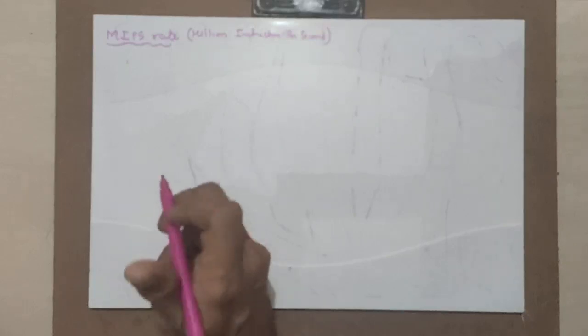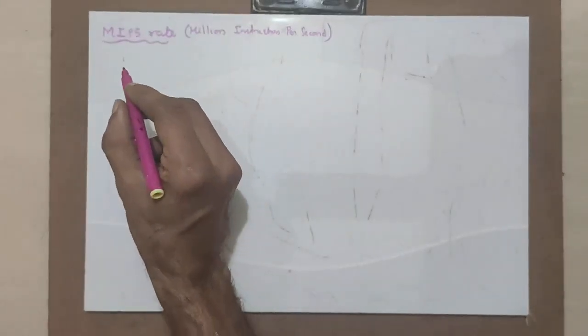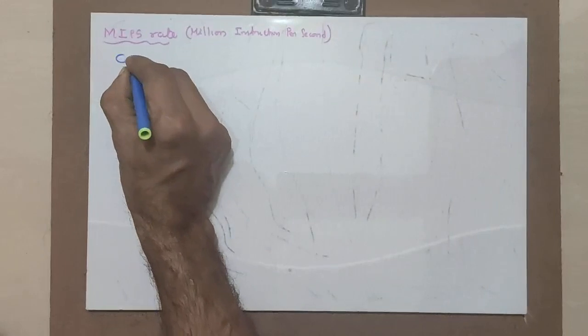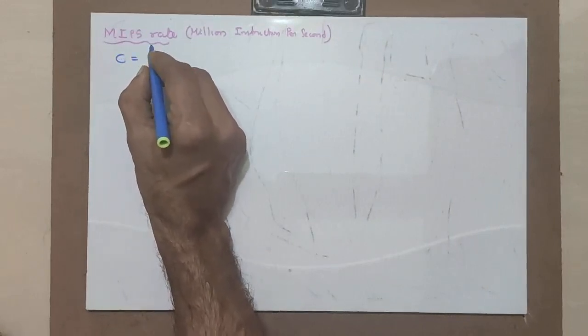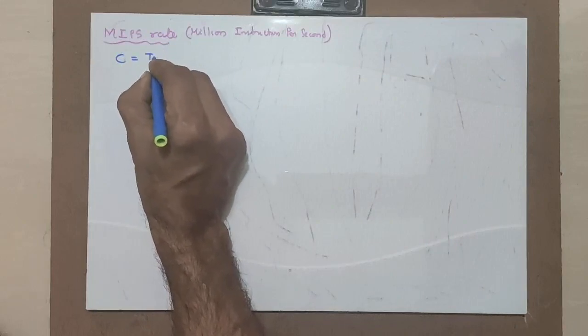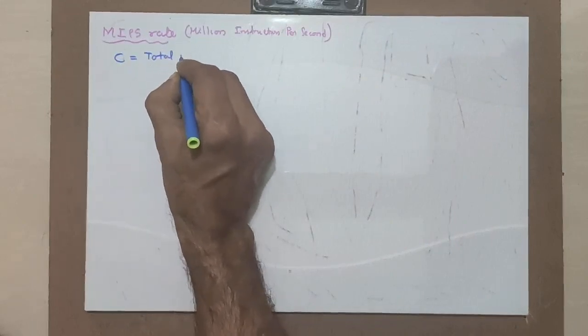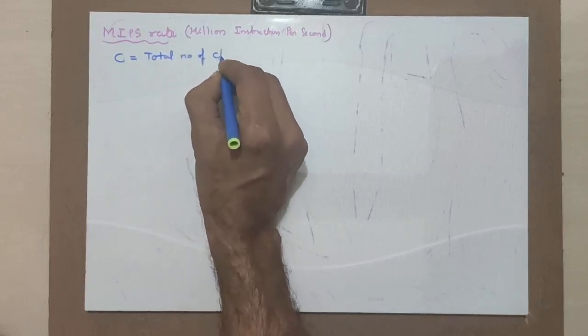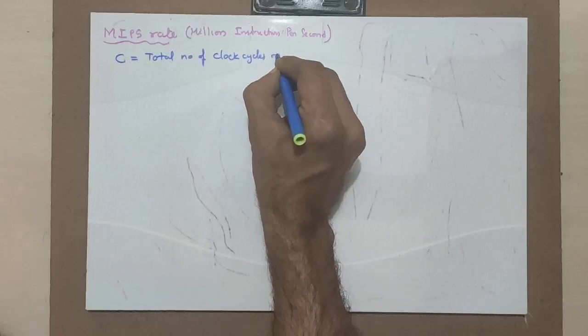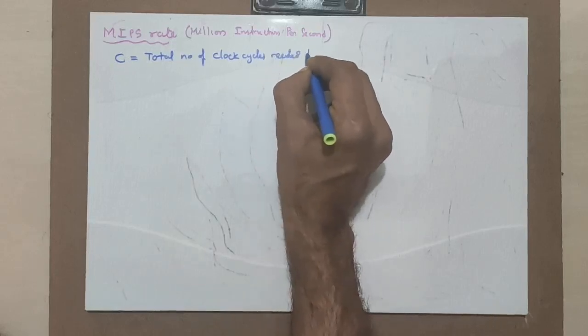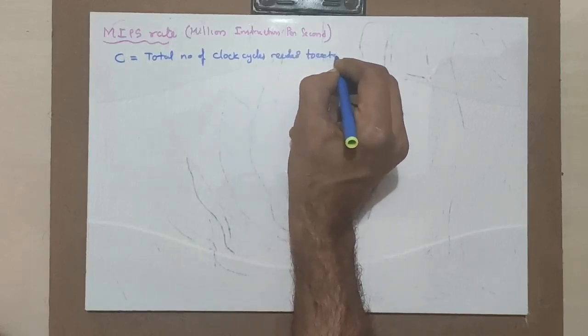Let us consider a few things. First is C. C is the total number of clock cycles needed to execute a given program.